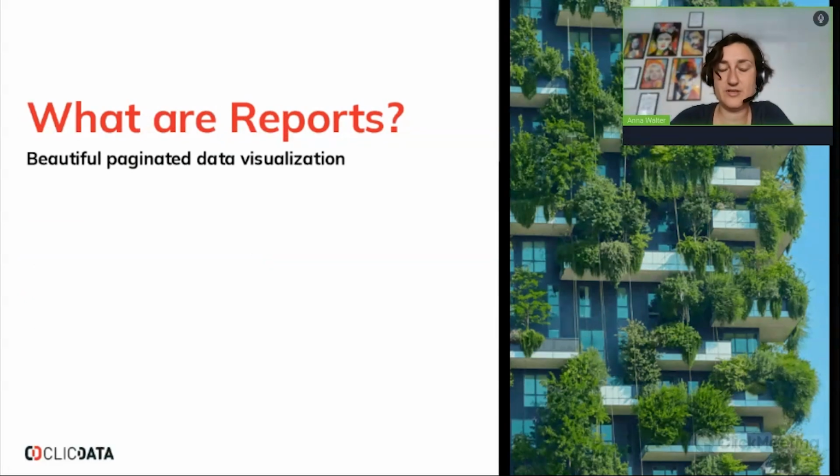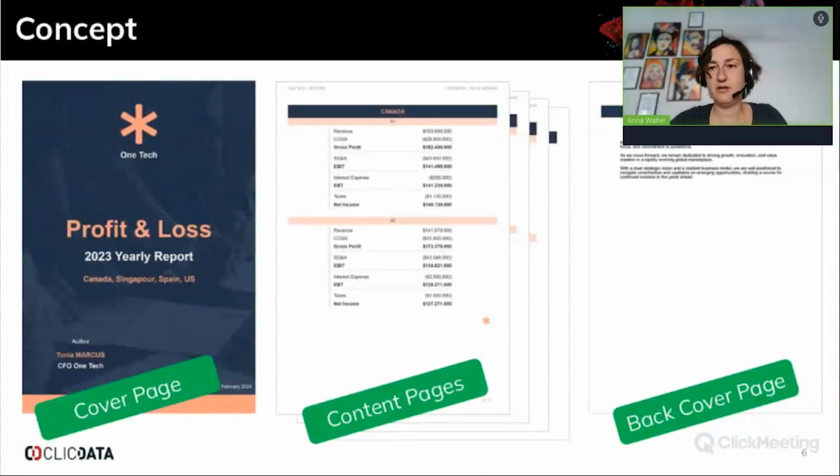What are reports? So reports are a way to visualize data in a specific structure. The concept is the following. We usually have a cover page and a back cover page. The cover page is like the front page of a document, and we have multiple pages after that cover page that actually show the data that is fed into the report.